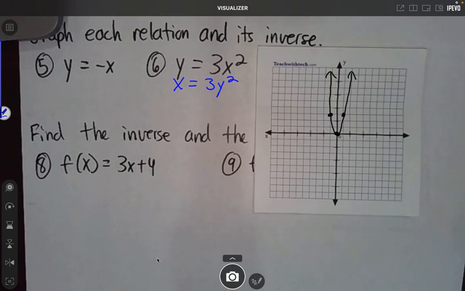Now, solve for y. What number's over there with it? 3. That's times 3, so what do I need to do with that? Divide by 3. So I've got x over 3 equals y squared. I'm just going to leave it like that, because when I put it in my calculator, it can handle this in just a second. Now, what's the last thing I have to do?